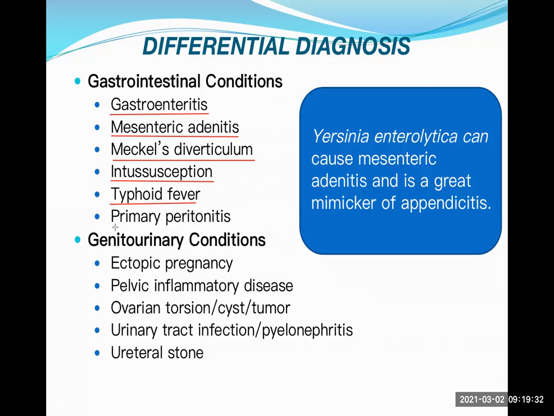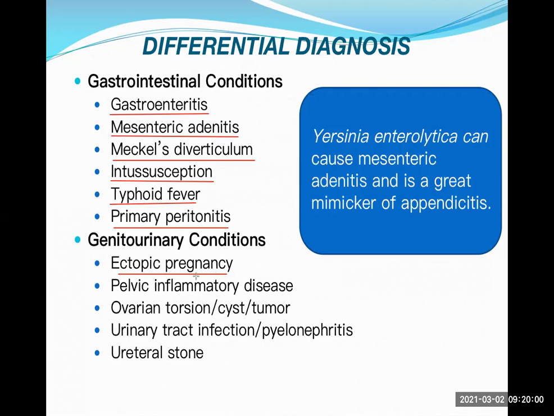And primary peritonitis, definitely. This is inflammation of the peritoneum. Now, regarding the genitourinary conditions, ectopic pregnancy in a female. Sometimes we are quite confused because the fallopian tube is present on both iliac fossae, right as well as left, and ectopic pregnancy usually occurs in the fallopian tube. So the signs and symptoms may match there.